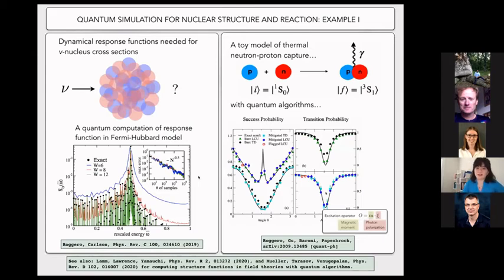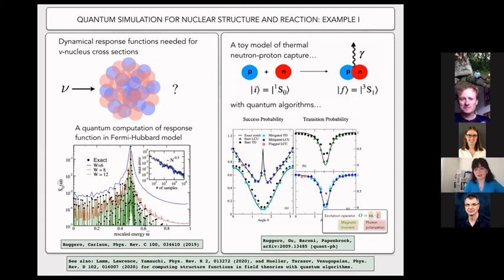Another example that I think is interesting is a toy model of thermal neutron-proton capture, n p to d gamma. Again, Alessandro and collaborators have been developing algorithms to look at the transition probability for this simplified picture of the reaction, using different types of algorithms for estimating the state preparation that is required for this computation, using an excitation operator, which is basically the magnetic moment.